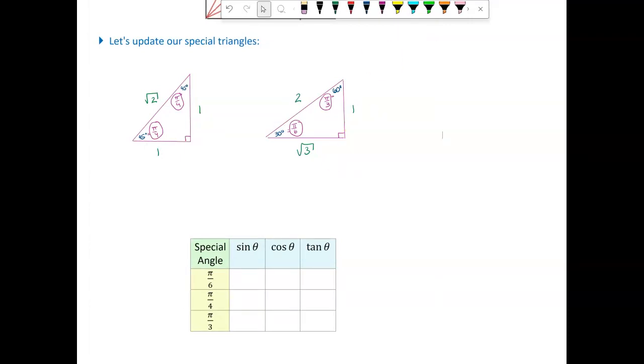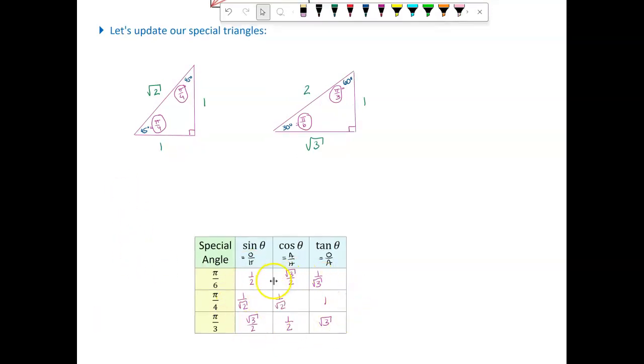And we have to remember that sine, cos, and tan deal with different ratios: sine is opposite over hypotenuse, cos is adjacent over hypotenuse, and tan is opposite over adjacent. And so if we go through all the special triangles, the ratios would look like this.